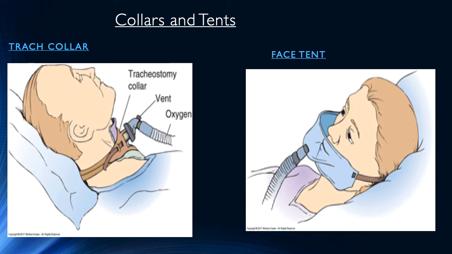You see that's just over the trach, and then the face tent is very loosely fitted to the face, and that's on the right. When receiving oxygen with a face tent, know that the oxygen is inconsistent. It's inconsistent because it's loosely fitted around the face, so it's difficult to get that constant flow of oxygen through there all the time.